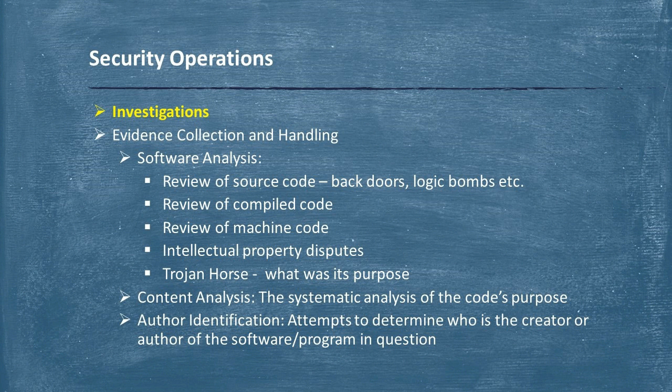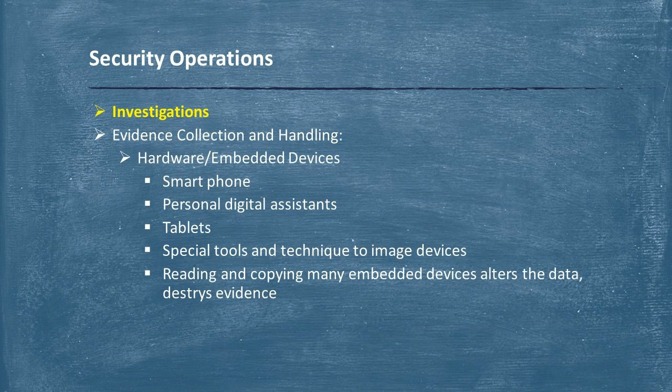So in the process of software analysis, you would be in a position to identify all such issues, whether the code has similar issues. Also content analysis, the systematic analysis of the code's purpose, for what purpose it has been used, and who has written this code. Author identification attempts to determine who is the creator or author of the software or the program in question as a part of the software analysis.